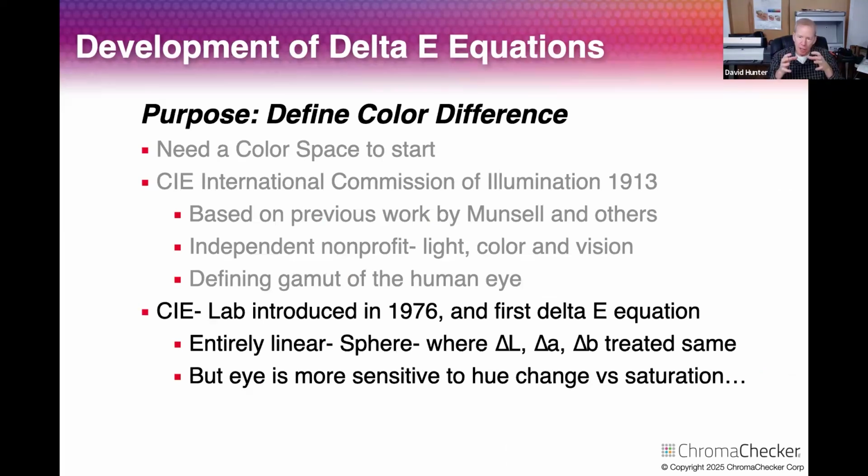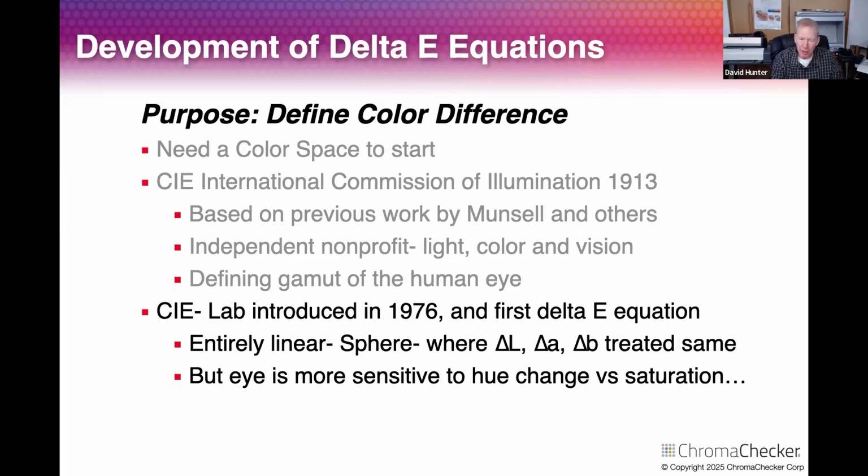This first delta E equation treated the three aspects of color in the same way. It treated lightness the same as hue, same as saturation. It was literally a sphere for each color.